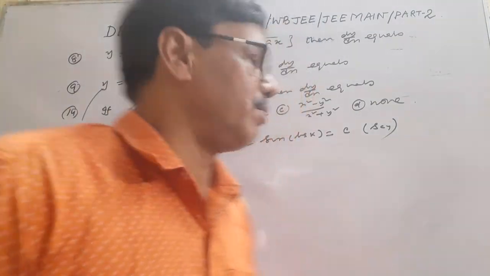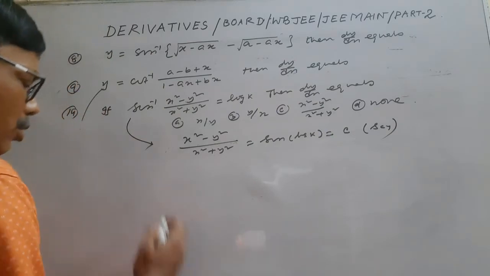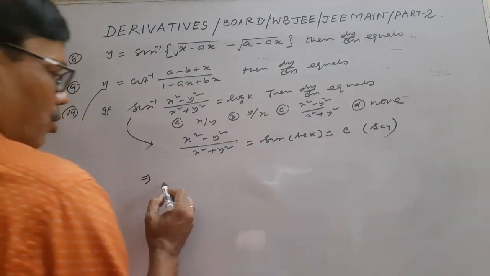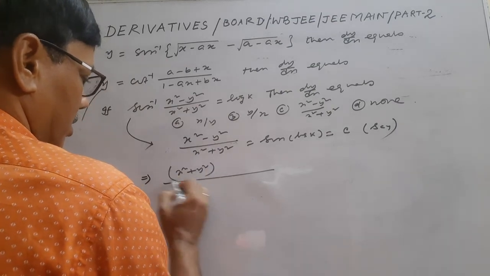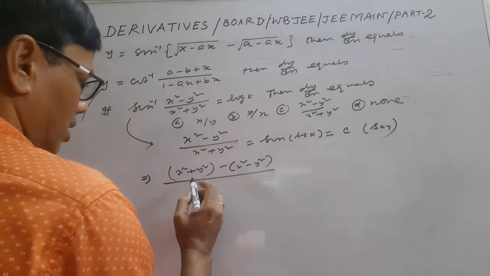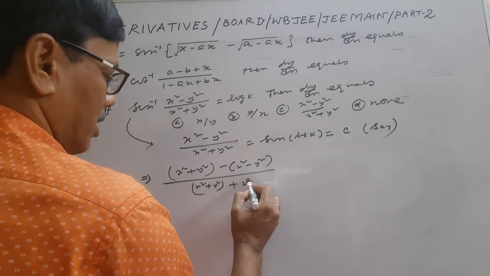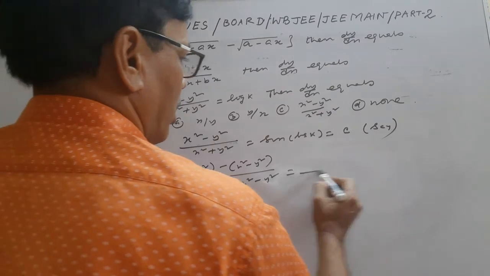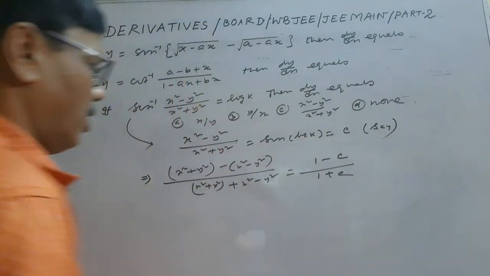Now we can simplify it by using componendo and dividendo. So look, x square plus y square minus x square minus y square, and x square plus y square plus x square minus y square, equals 1 minus c by 1 plus c.